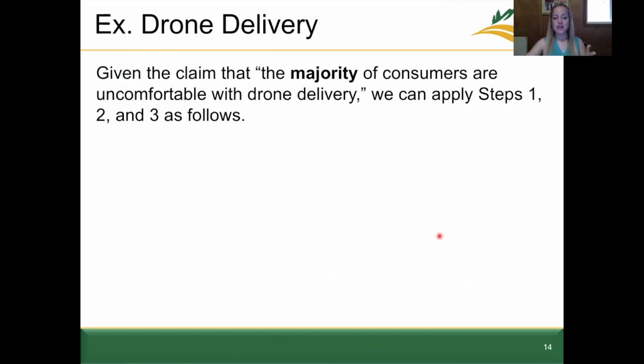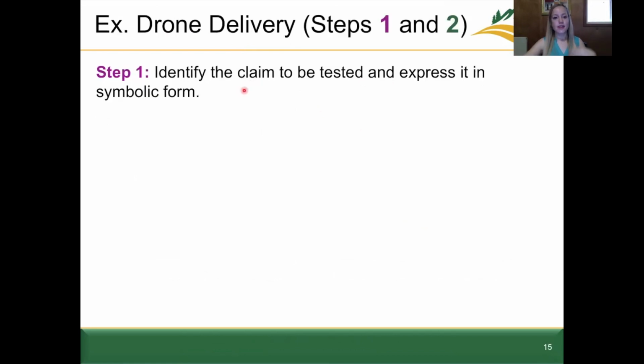To remind you about the claim here, we have the majority of consumers are uncomfortable with drone delivery. Okay, so keep this claim in mind. Now let's go on to step 1. Again, step 1 is to identify the claim to be tested and express it in its symbolic form.